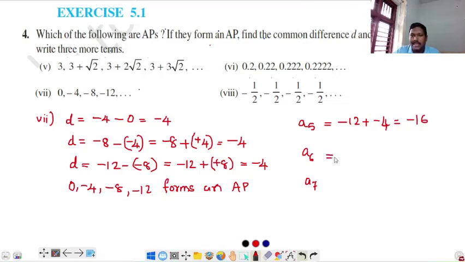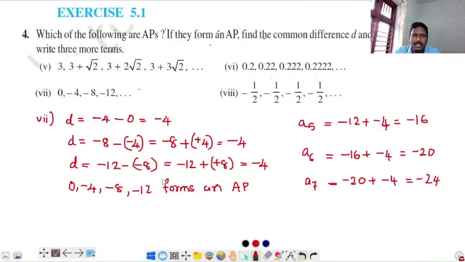Now A6 is equal to minus 16 plus minus 4, then you will get minus 20. Now A7 is equal to minus 20 plus minus 4, the common difference, you will get minus 24.